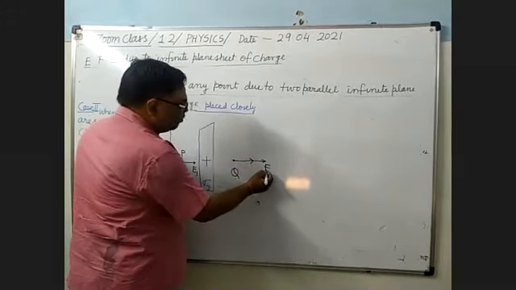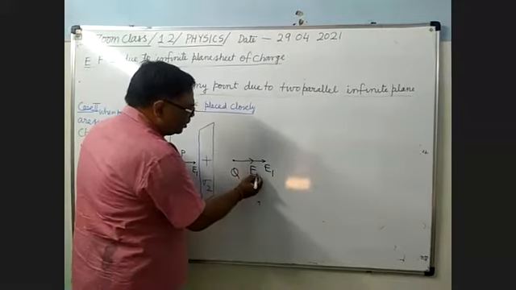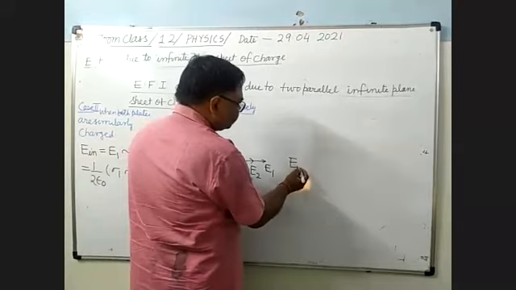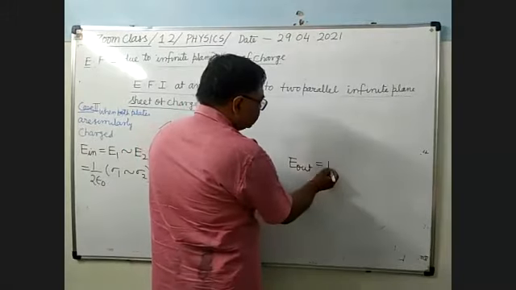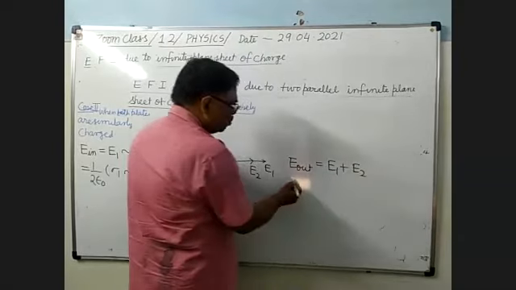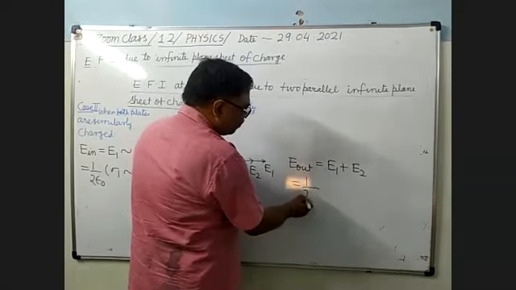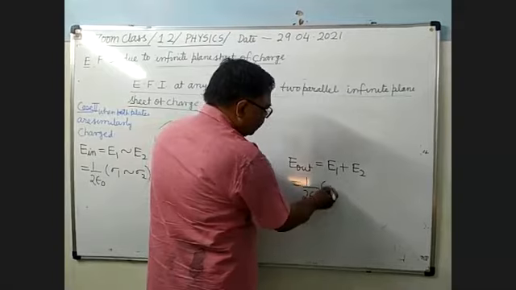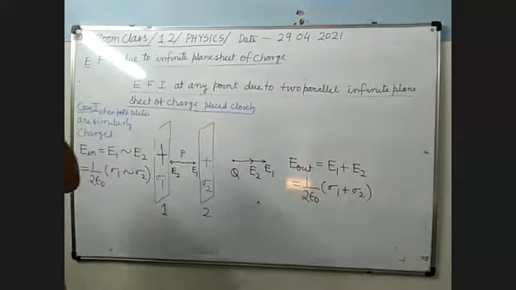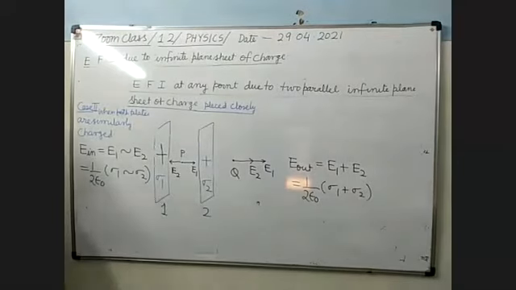Means E1 and E2 both will be in the same direction. So what will be E out? It is equal to E1 plus E2. You can take out 1 upon 2 epsilon naught common, sigma 1 plus sigma 2.